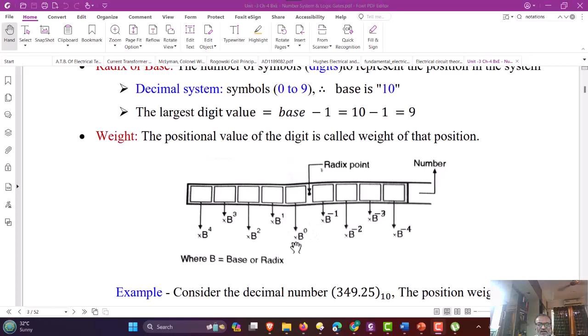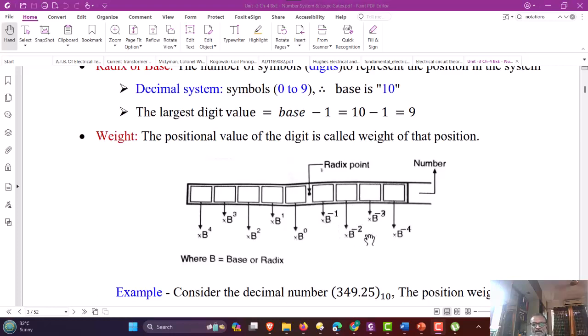So the power go on increasing from 0 to n on left side for integer portion. If you see the fractional part, the right side of the radix point, then the position weight of the first position is given by b raised to minus 1, where b is the base again.